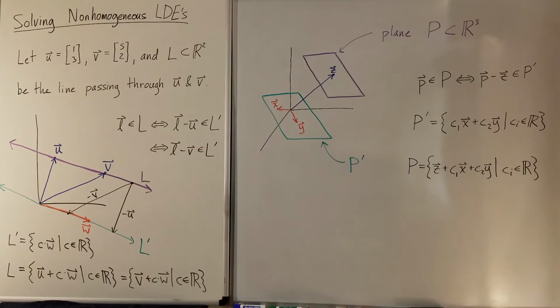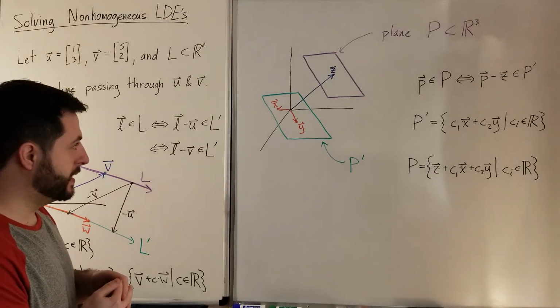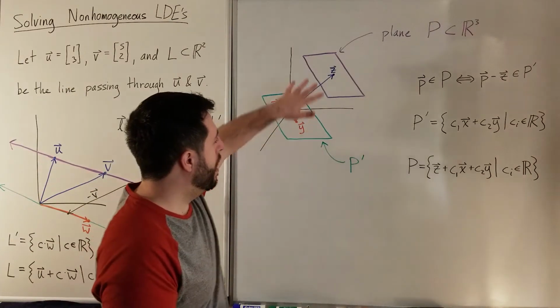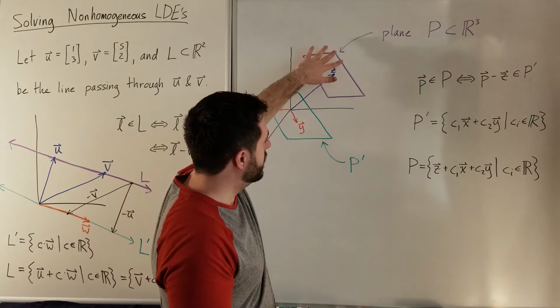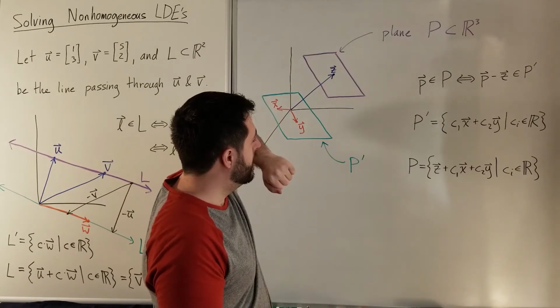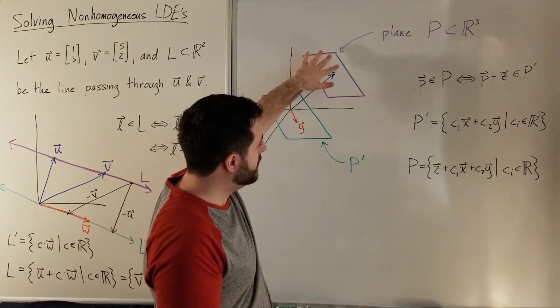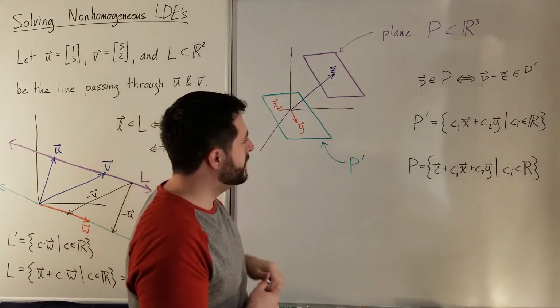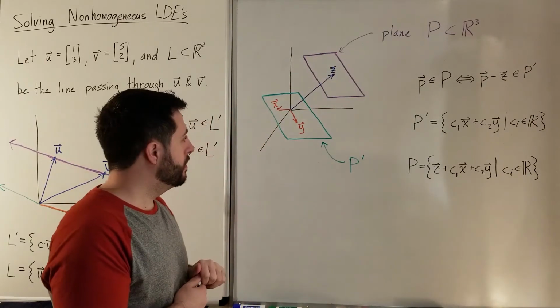So when we're looking at solving non-homogeneous linear difference equations, we're going to run into a very similar circumstance. Our solution set will not be a subspace, but it will be some shifted subspace. Okay?